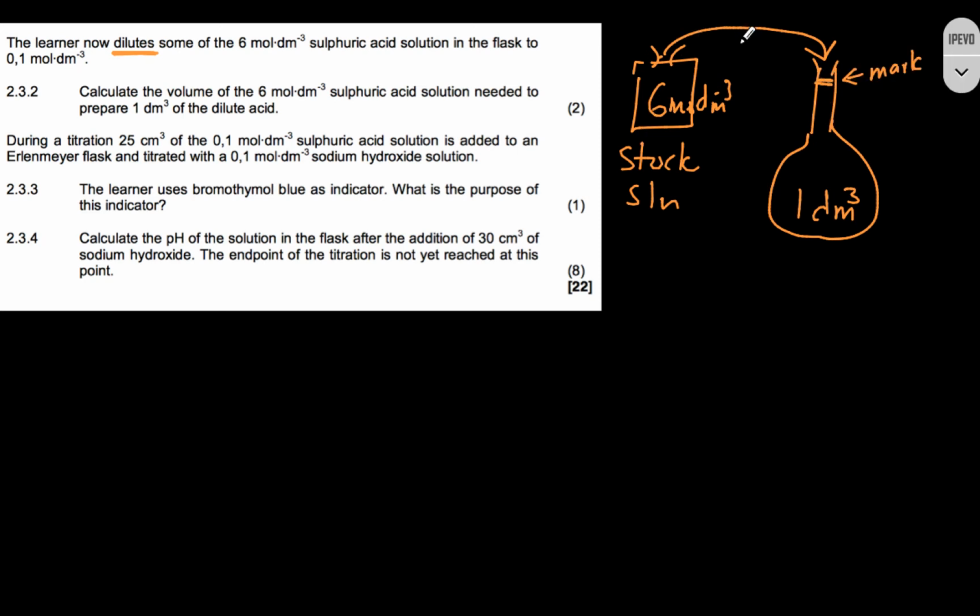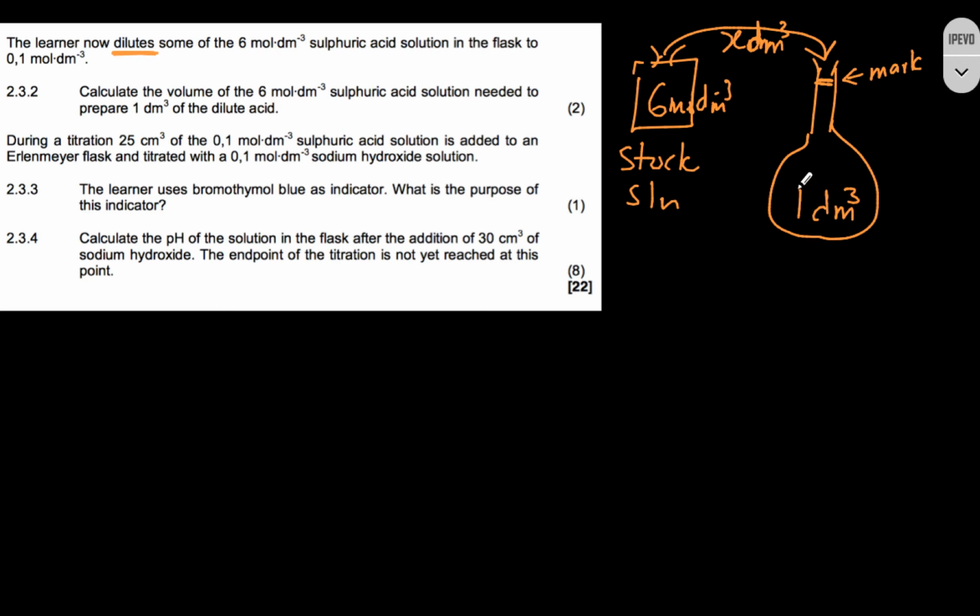So we are going to take a certain volume. We don't know this volume, and this is the actual volume that they are asking us about. So we have x dm cube that we need to add in here, and then we fill it up to the mark.